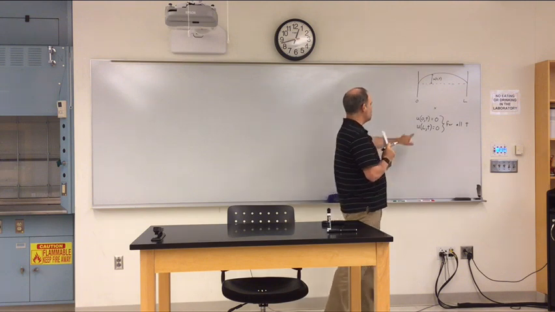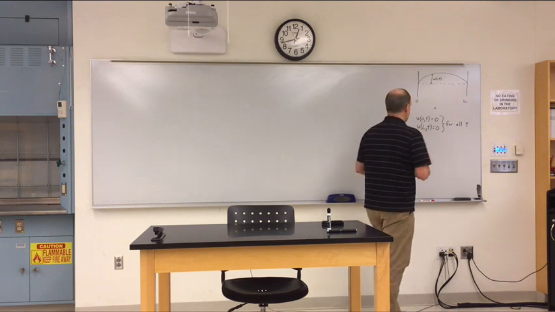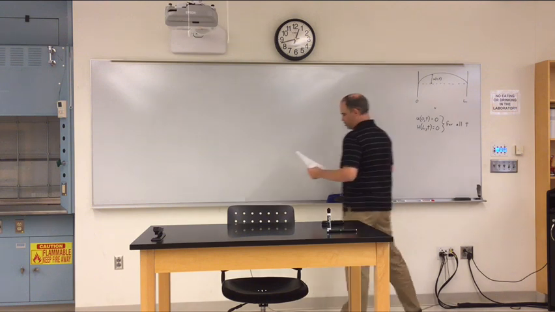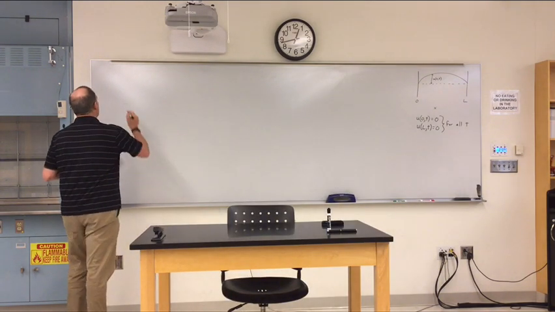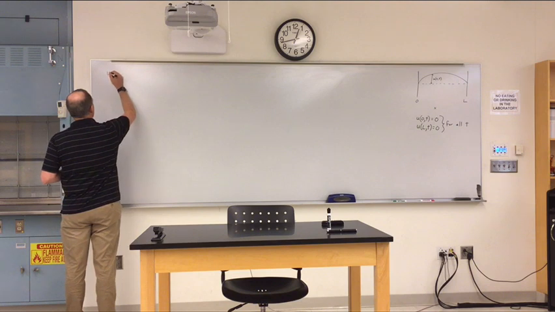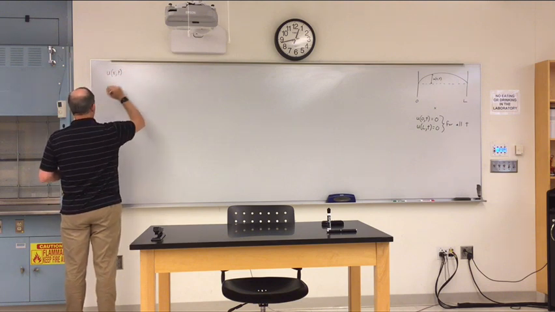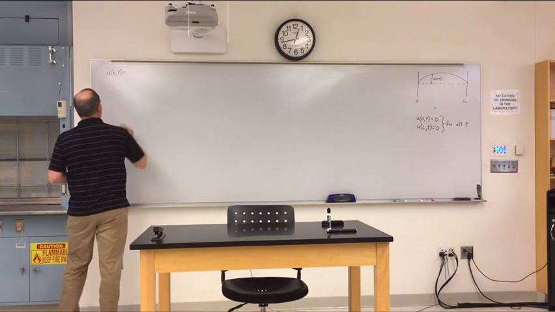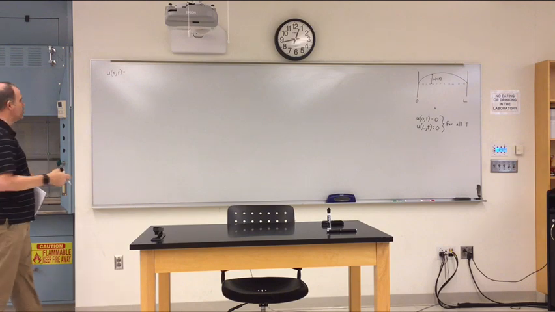Okay, because this equation, or what we know is going to be an equation, has two different variables, we're going to use what's called the separation of variables method. So we're going to assume that our function u of x, t can be broken up into two functions, one in terms of x and one in terms of t.